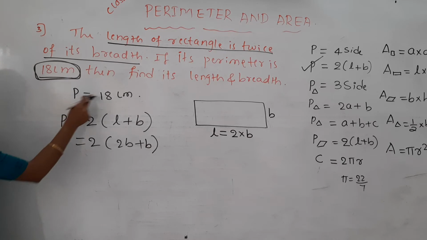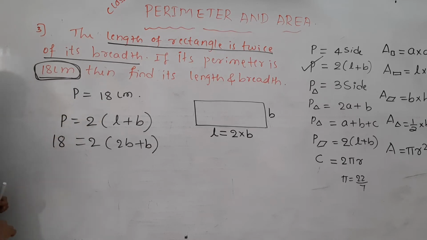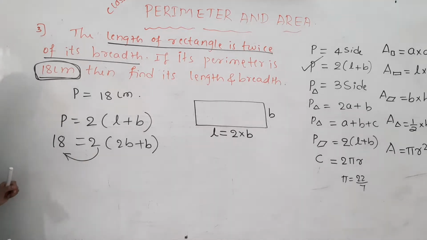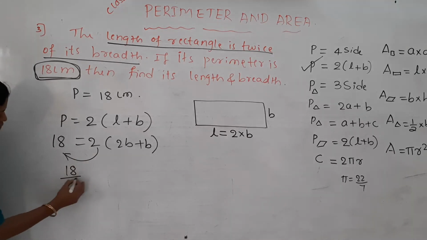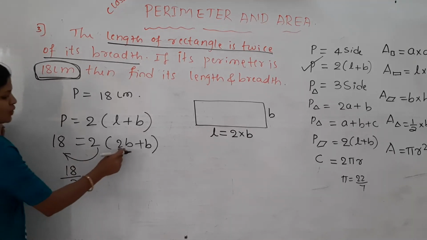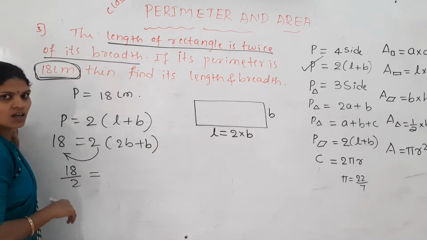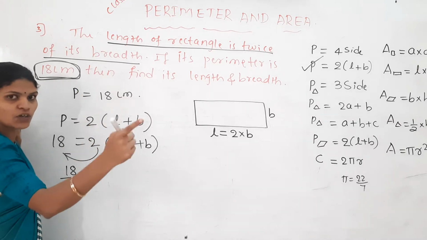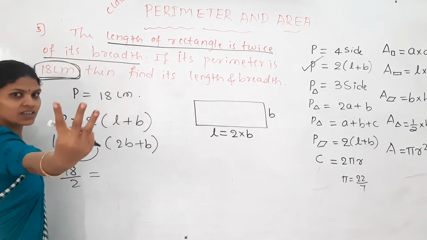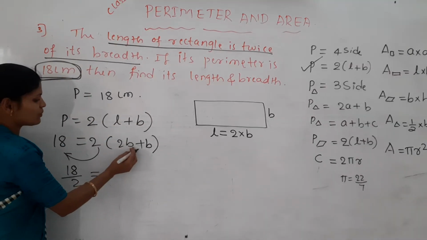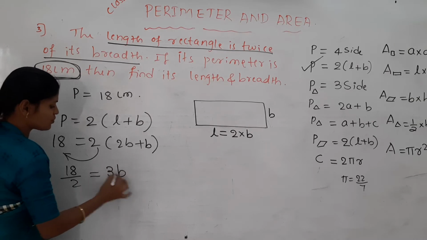The perimeter is 18 centimeter. If 2 comes to this side, it divides. So 18 divided by 2 is equal to 2 times b plus 1 more b. How many b? 3 b. So 2b plus b is 3 times b.